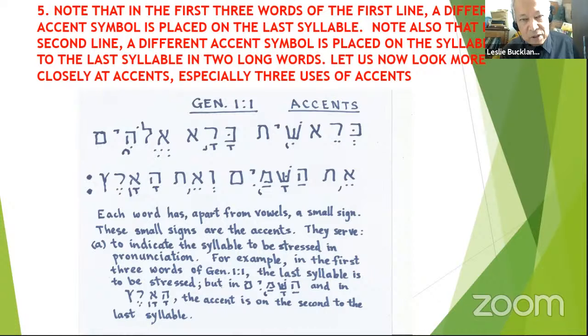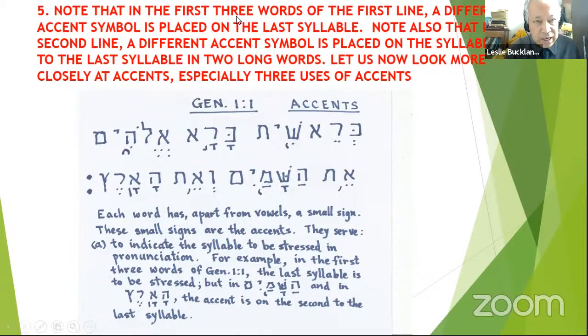But in the Bible itself, there are different shapes for the symbol. And in the first 3 words of Genesis chapter 1, verse 1, Bereshith, bara, Elohim, on each of the last syllables of these words, you have different accent marks, indicating that the last syllable of each word is to be stressed or emphasized. Bereshith, bara, Elohim.